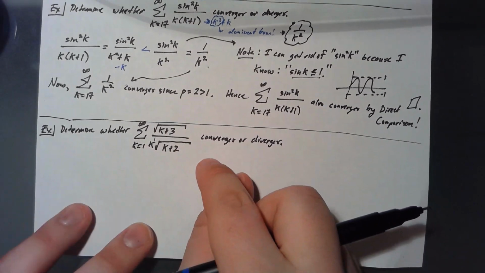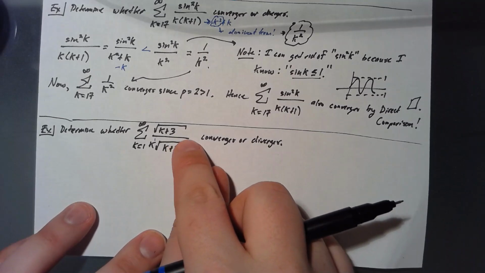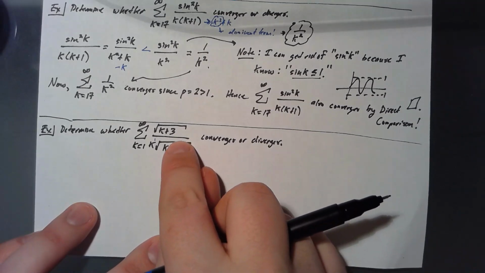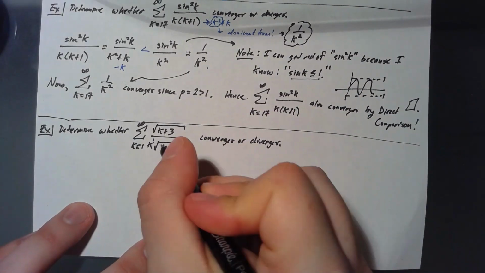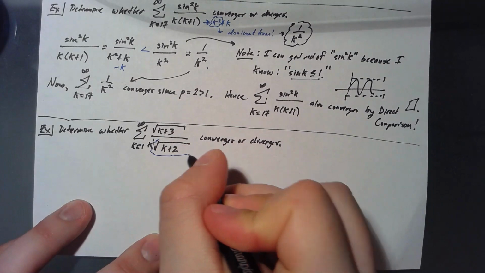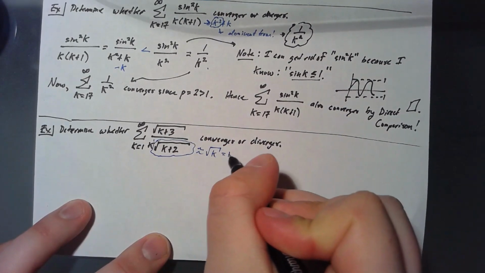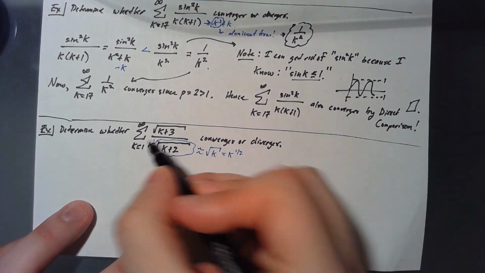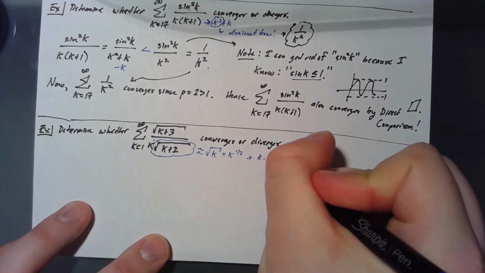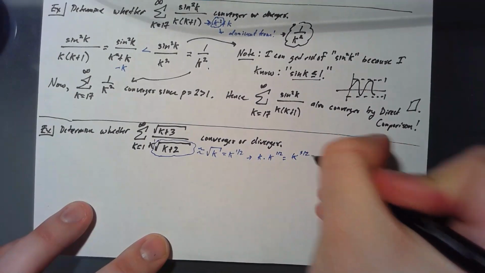So I could think about comparing this to, if I have k to the first times k to the 1/2, right? If I compare this to the square root of k, which is k to the 1/2, and I multiply that by k, so k times k to the 1/2, that's going to be k to the 3/2 power.